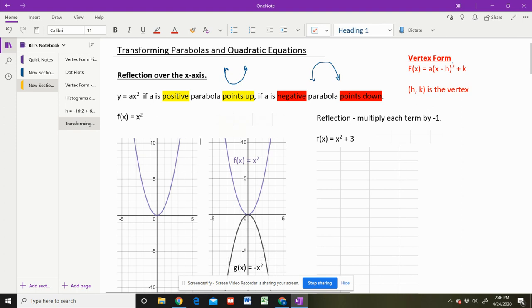So our formula is just going to be taking our term and multiplying it by a negative 1. If it's multiplied by negative 1, we get a negative x squared.